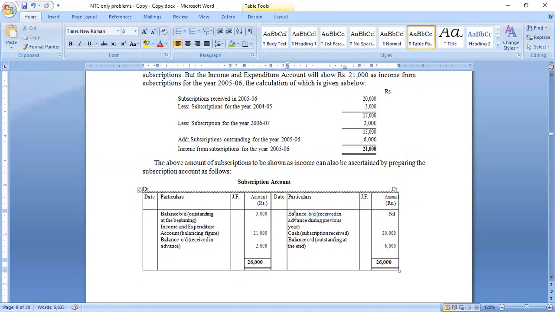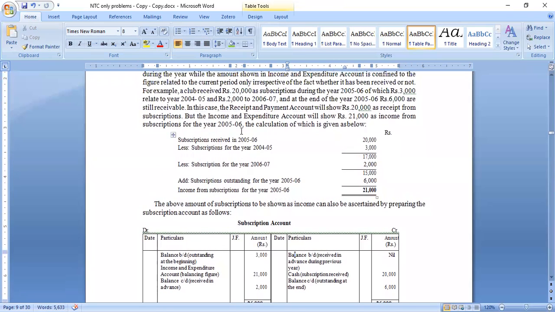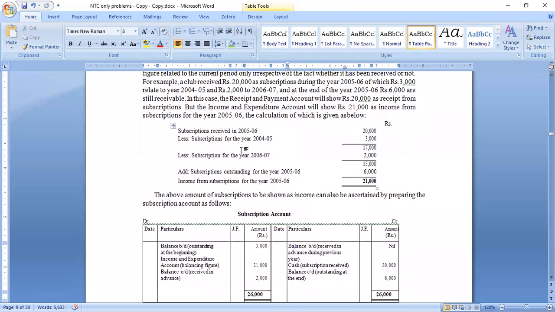For instance, any balance received in advance during the previous year, in 2004-5, we have to mention, because it relates to 2005-6. Unfortunately there is no amount received in advance during the previous year, and we received 20,000 during the year.